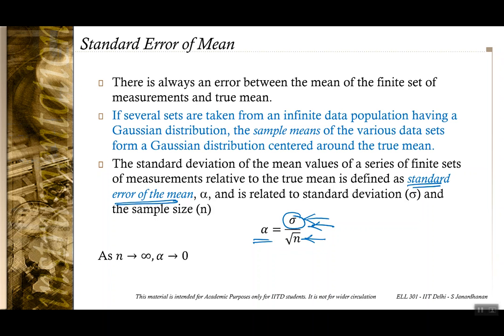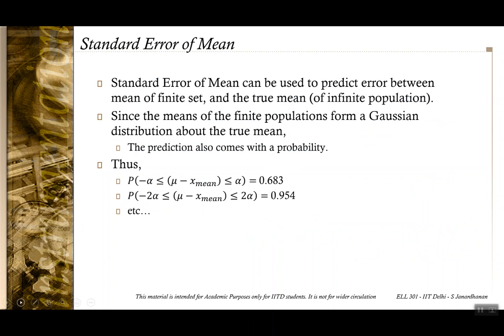Note that as n increases, alpha decreases. So as the number of measurements increases, the surety that the sample mean is equal to the true mean increases. Of course, the standard error of the mean can now be used to predict the error between the mean of a finite set and the true mean.